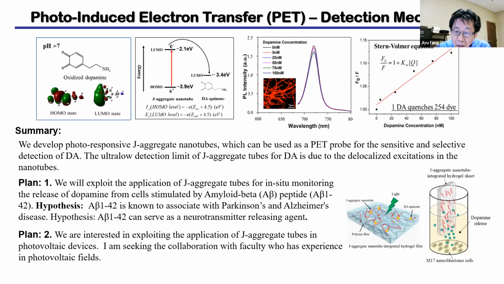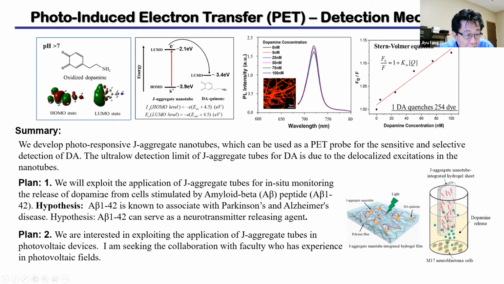This is the mechanism that leads to the high sensitivity, or the low detection limit. Here's the summary. Inspired by the green bacteria antenna, we have developed the photo-responsive J-aggregate nanotube, which can be used as a photo-induced electron transfer probe for sensitive and selective detection of dopamine.